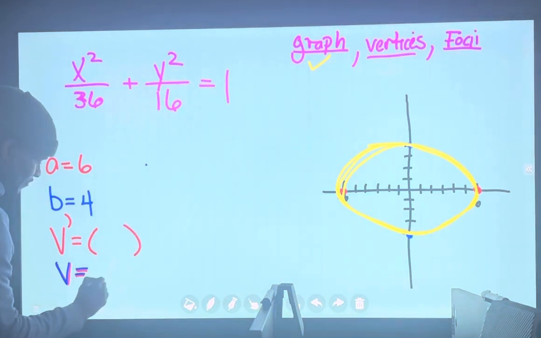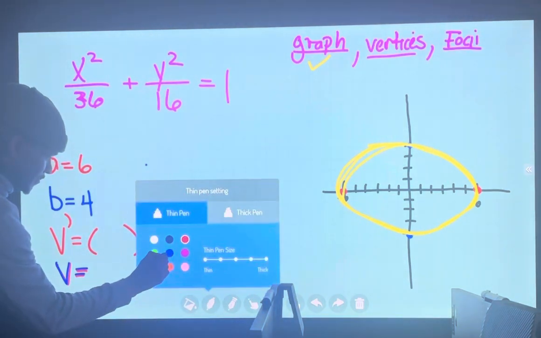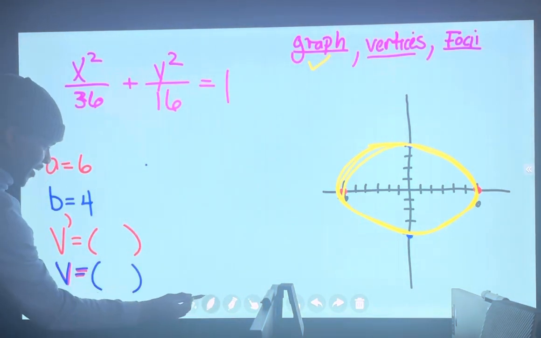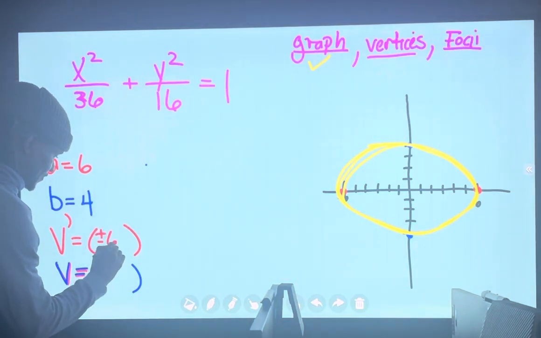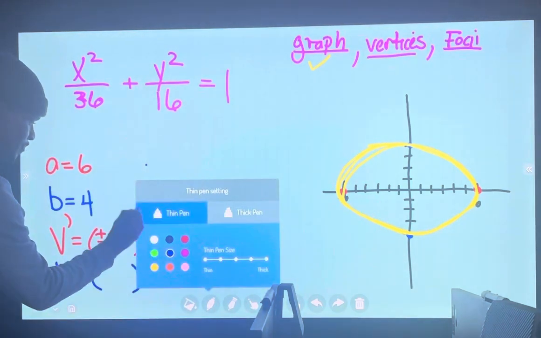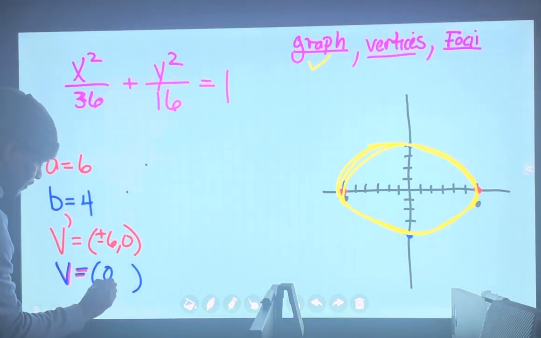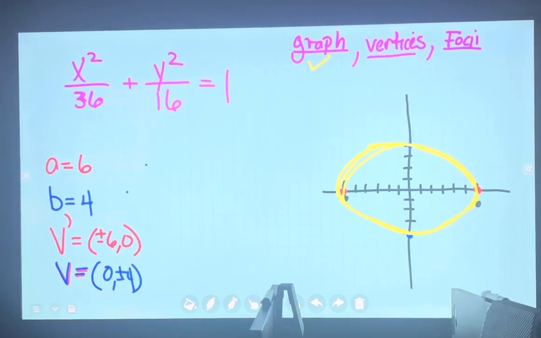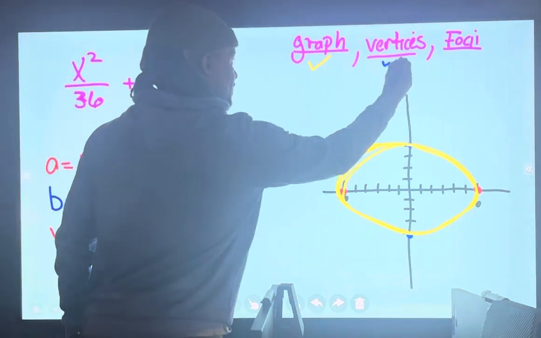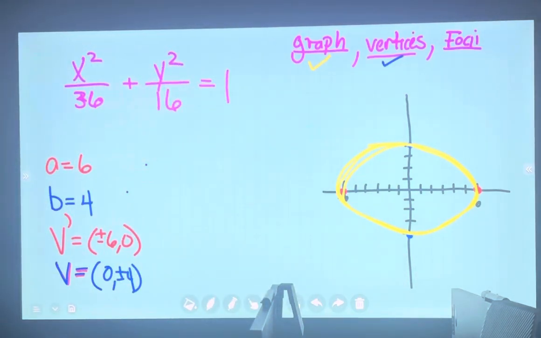Major endpoint. Oh, it's plus or minus 6, 0, right? Yep. And a minor endpoint. 0, plus or minus 4. Yeah. Our vertices are done. Now we have to get these foci.